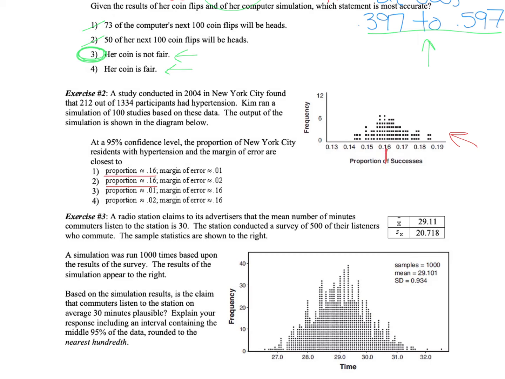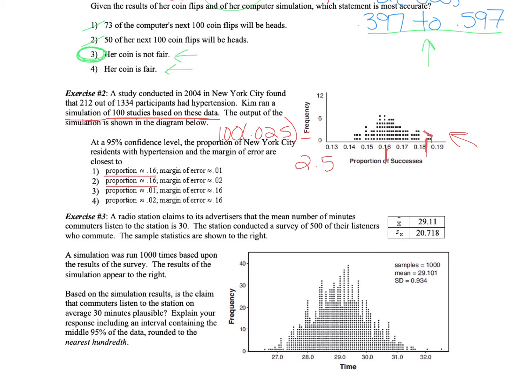So here's our mean. We have a simulation of 100 studies. If I do 100 times 0.025, I'm going to cut off 2.5 or about 3 dots from each side. So that's going to cut off some of these over here.